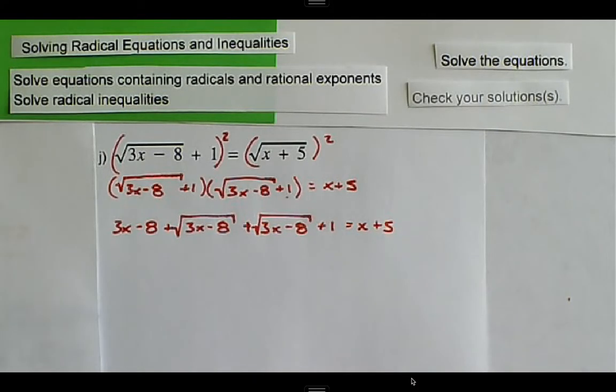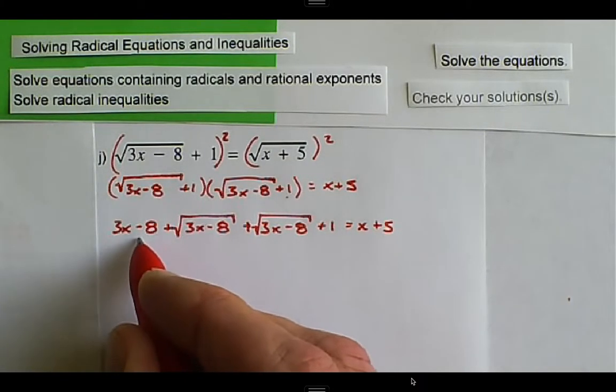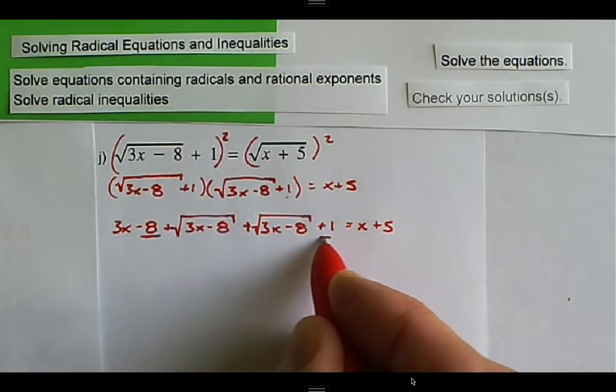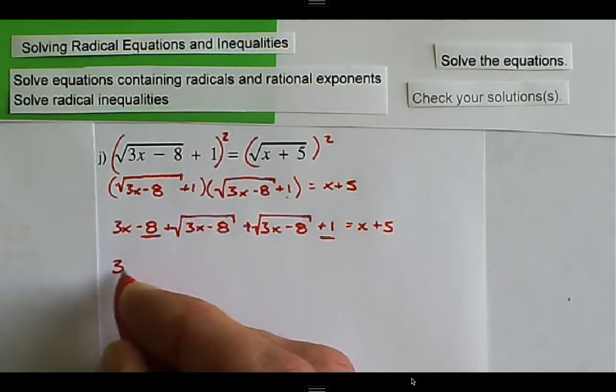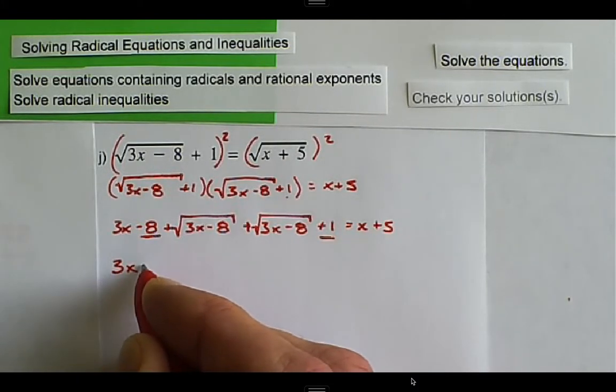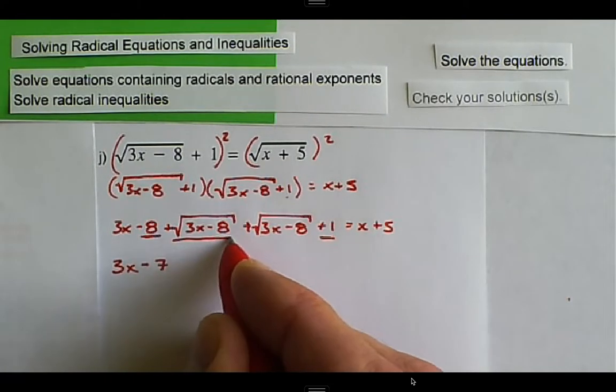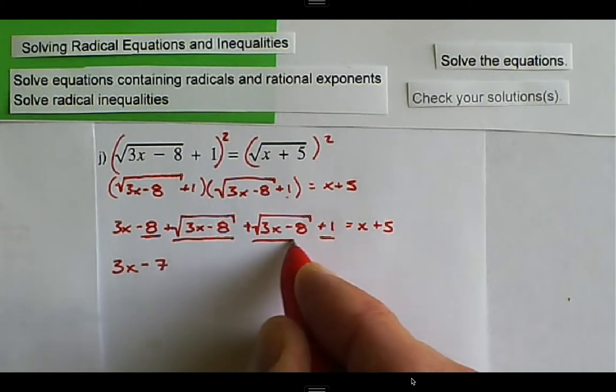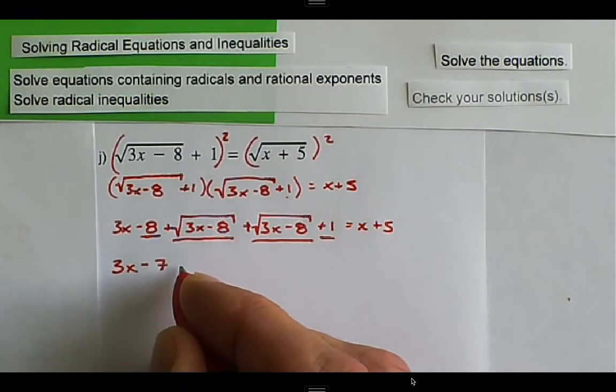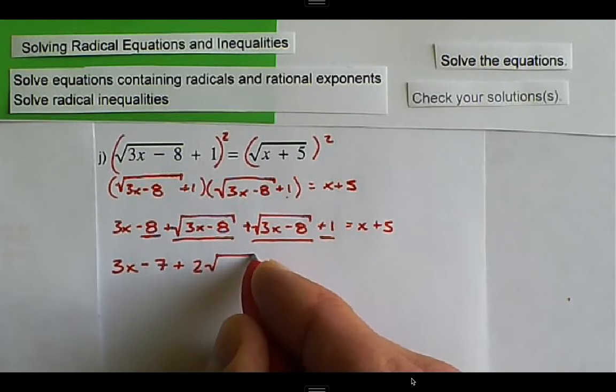Then we can combine some like terms. We have a negative 8 and a positive 1, so that becomes 3x minus 7. And then we have a square root of 3x minus 8 and a square root of 3x minus 8. So that becomes plus 2 square roots of 3x minus 8.